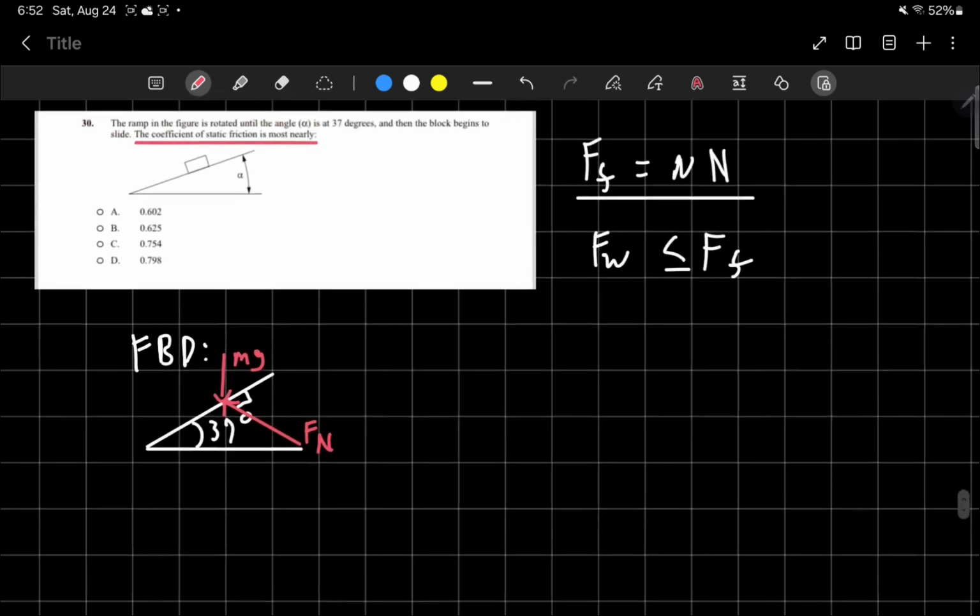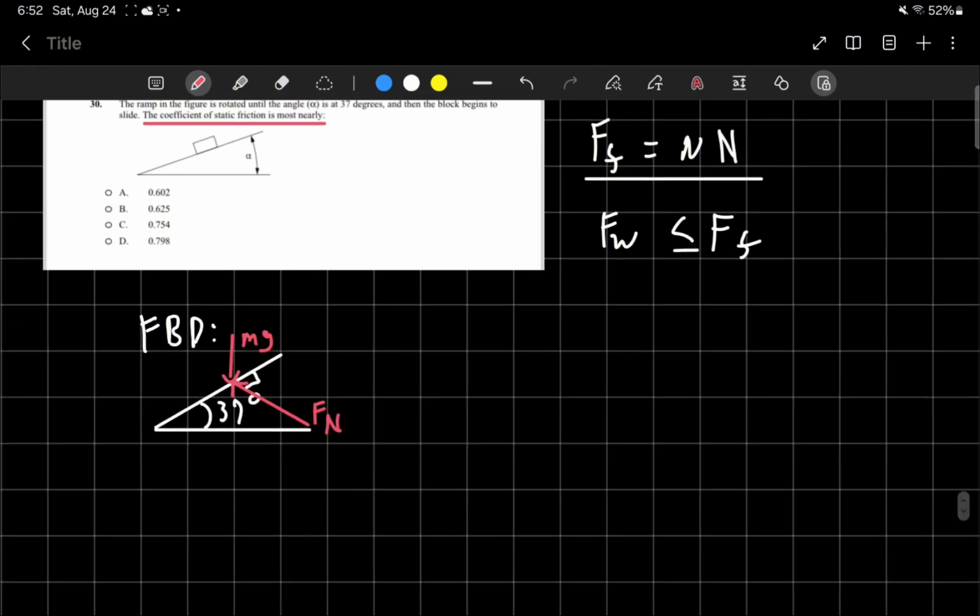And we still have one more force, and that is the friction force. The friction force is what's stopping the object from sliding, so it's going to be the opposite direction of the slide. So it's going to be that direction. I'll label it as F_f, which is friction force.